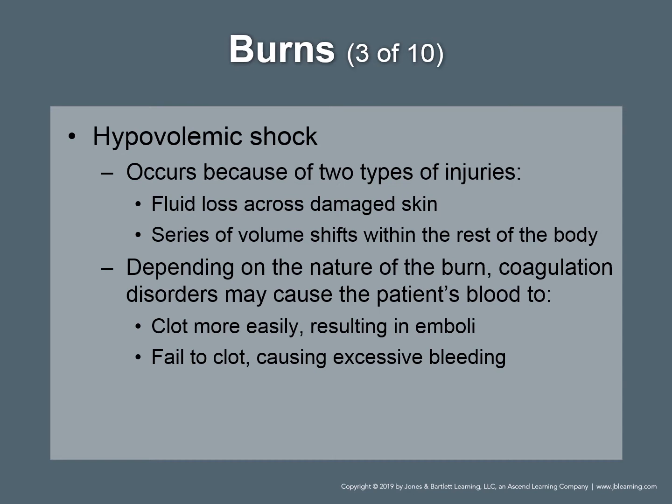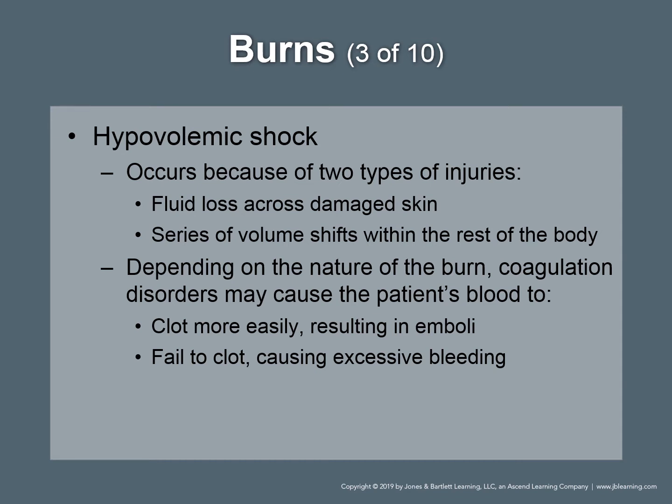Depending on the nature of the burn, coagulation disorders may occur, and we see this a lot of times with your chemical burns, and lightning strikes as well from the internal damage of the electricity. But we really see it with chemical burns where it's absorbed into the skin and it changes the composition of blood. It'll actually liquefy the skin, and those can cause blood clots and clotting disorders within the patient.